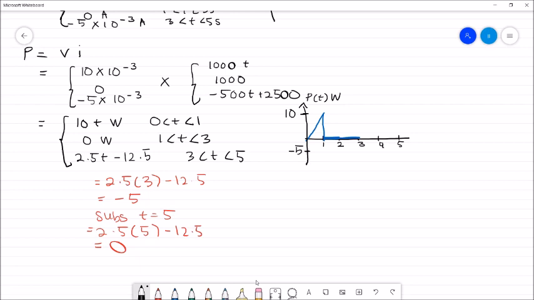So the graph will be here negative 5, with the t value of 3, somewhere here, and then for the second one it is 5 and then 0. So it's here. So the graph will be like this. This is for the power graph against t in seconds.